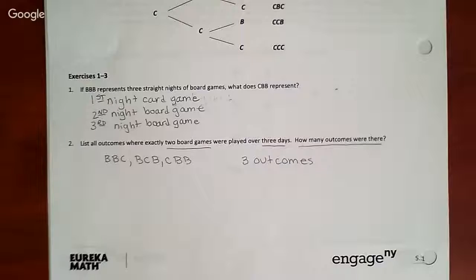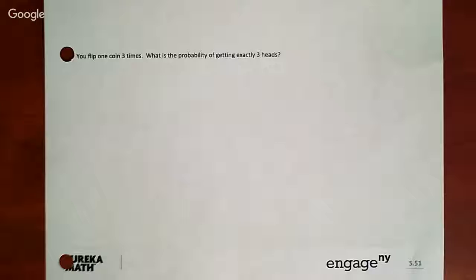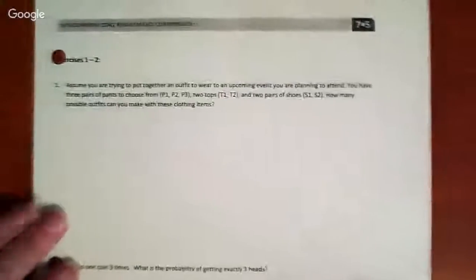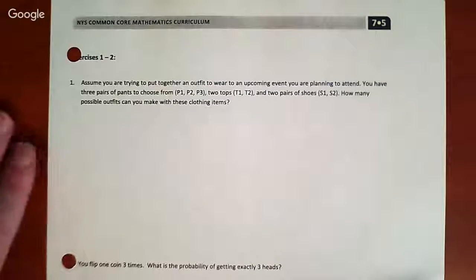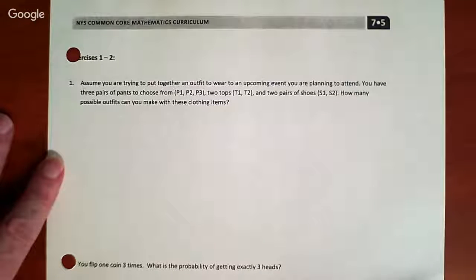So far, that's what we have. The next are exercises that we have to do. Okay. So the next thing that we have to do is make up a tree diagram on our own. So it says, assume you are trying to put together an outfit to wear to an upcoming event you are planning to attend.